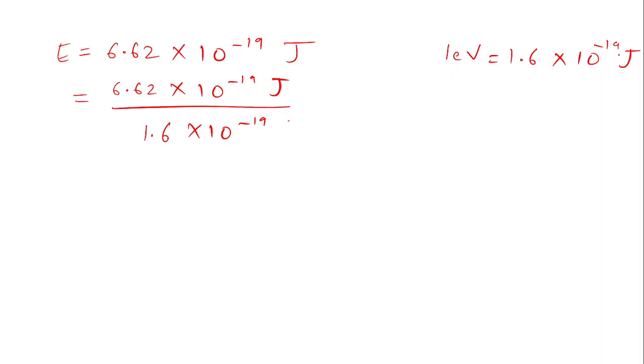So 1 joule will be 1 over 1.6 times 10 to the power minus 19, right?